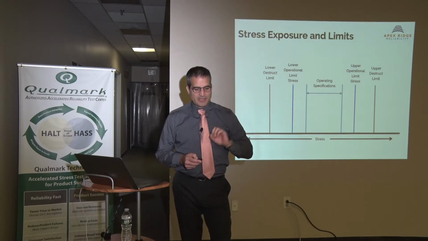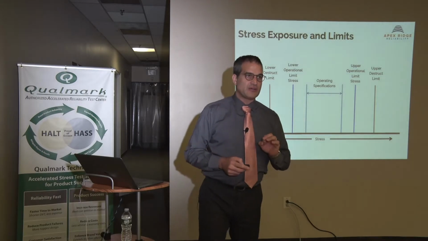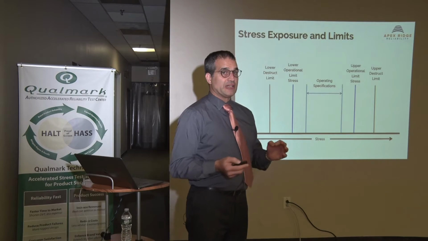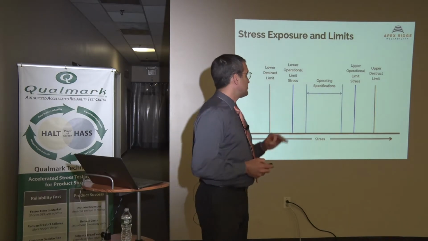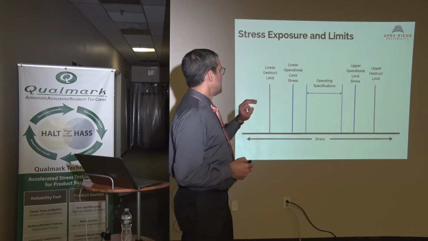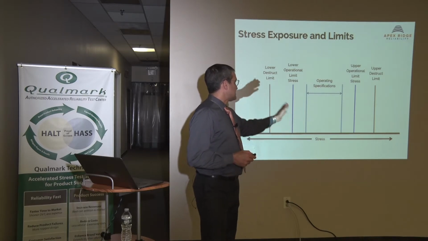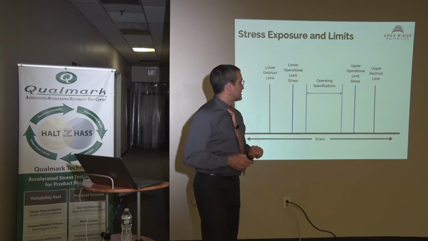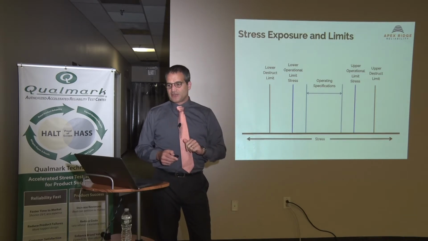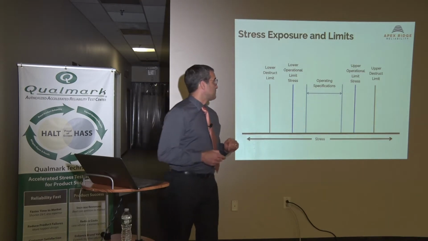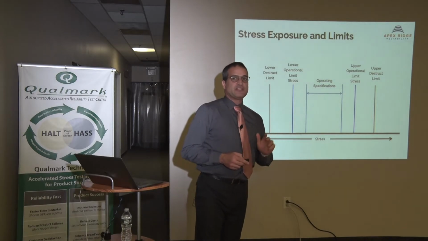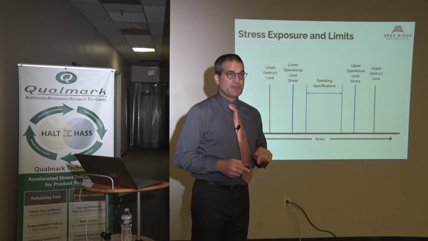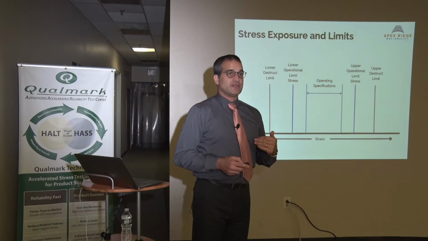So let's talk a little bit about the principles of how this work with HALT helps the product. If you take a look at these 3 lines for stress on this axis, the operating specifications for the product, high and low, will be that center section. You then have the operation limits, and then you have the actual destruct limit. The operation limit is where the performance falters, but when the stress is removed, it recovers.